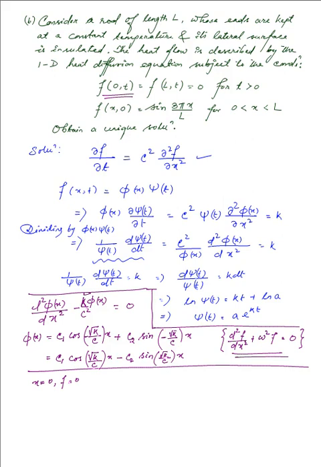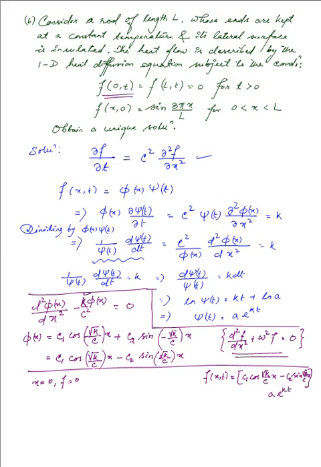So the combination f of xt is going to be phi x having the c1 and c2 values, c1 cosine of root k over c times x minus c2 sine of root k over c times x, and that will be multiplied to psi t, which is a e to the power kt.